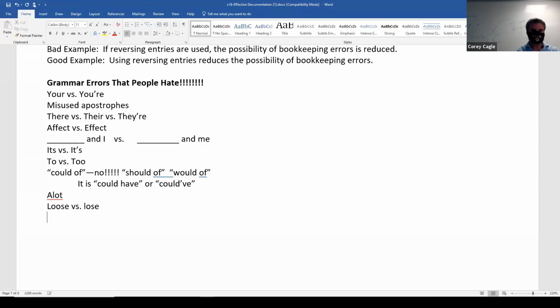And then for some reason, I've noticed lately that people screw up loose versus lose. Really? Yeah, I've noticed in writing that people have done that. Can you give me an example? I have a specific friend who posted something and used it wrong, but it's been so long ago. I was questioning, are they trying to say loose or lose?